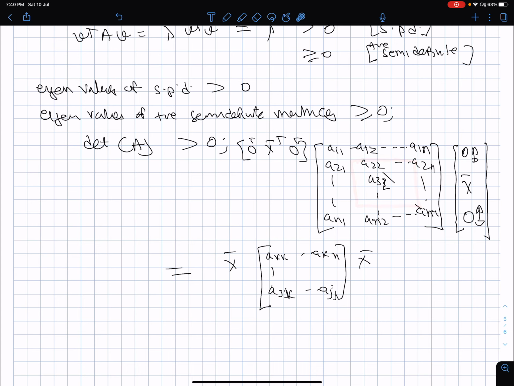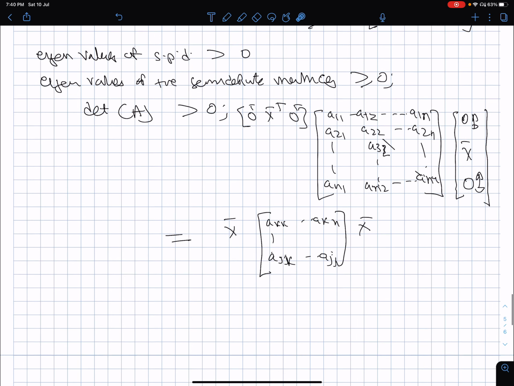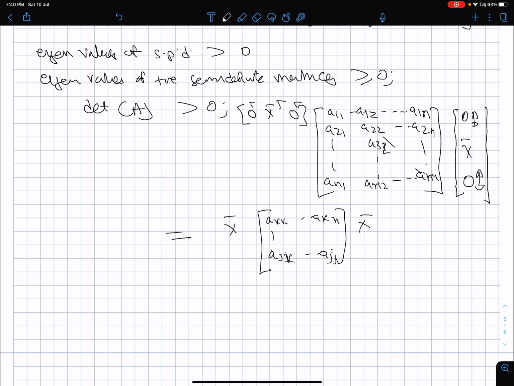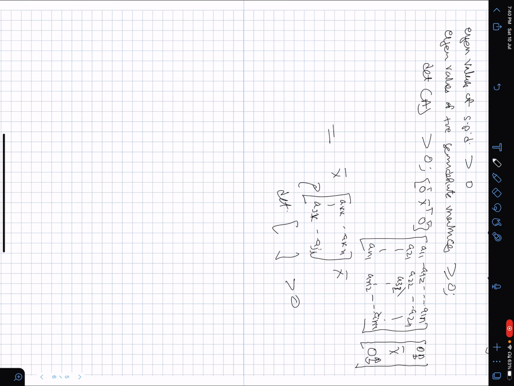Obviously if the A matrix is positive definite, then even for this choice, this number should turn out to be strictly greater than 0, which means this should also be a positive definite matrix, so for all such principal submatrices, the corresponding determinant should also be greater than 0.